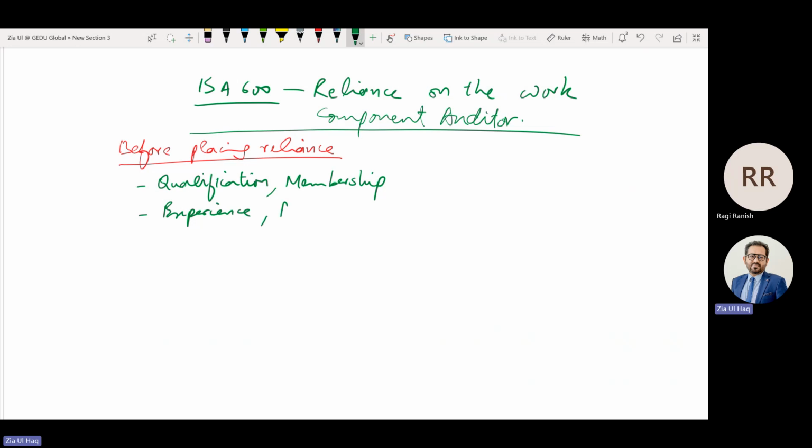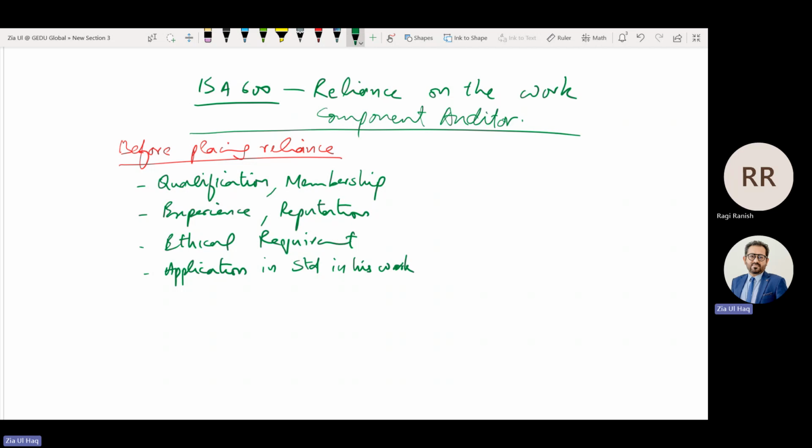We need to check his reputation in the industry, whether in the past he has performed this kind of work and whether his report was authenticated. We need to make sure whether he is meeting ethical requirements, following any codes of ethics, and which codes of ethics he is following. We need to make sure of the application of standards in his work, whether he performs work as per auditing standards, and which auditing standard he follows, either ISAs, International Standards on Auditing, or any other standards.